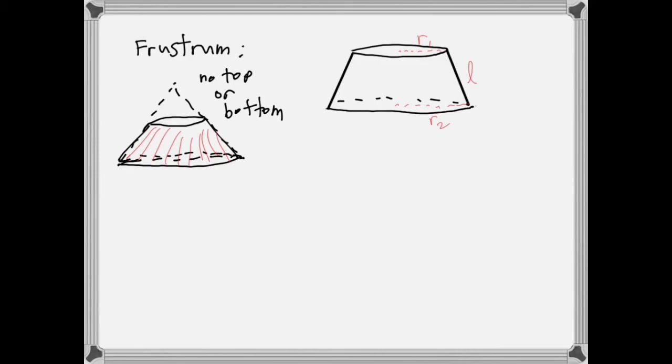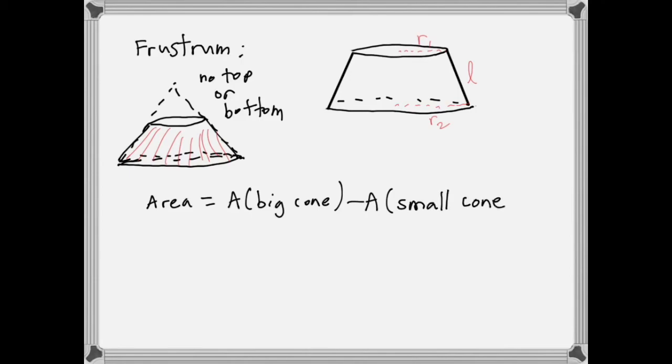So if you were to look at the area of such a thing, you would write down that this is the area of the big cone minus the area of the small cone on top, right? And if you go through the derivation, what you end up getting is pi times L times the sum of the two radii. Okay?